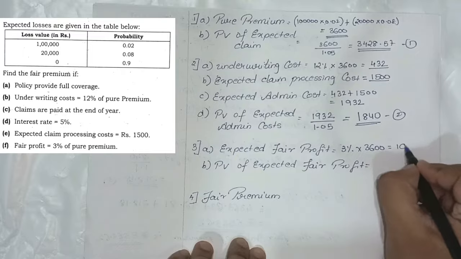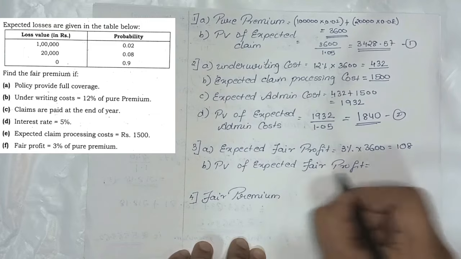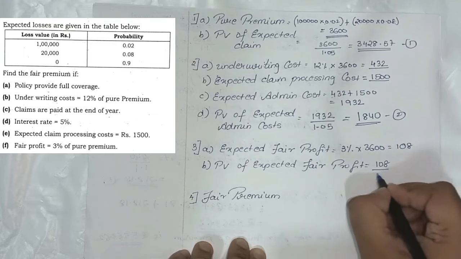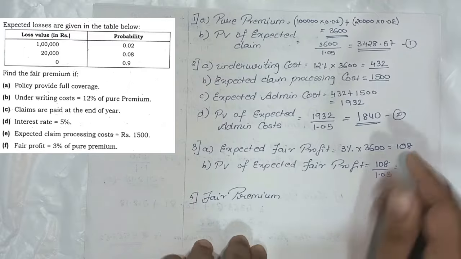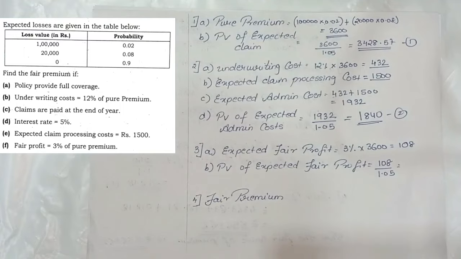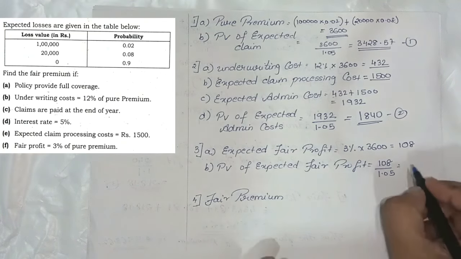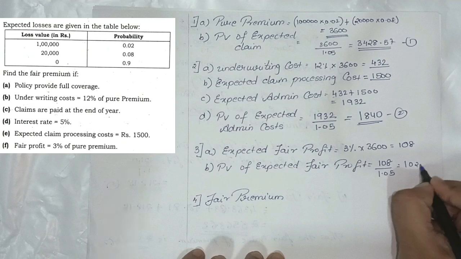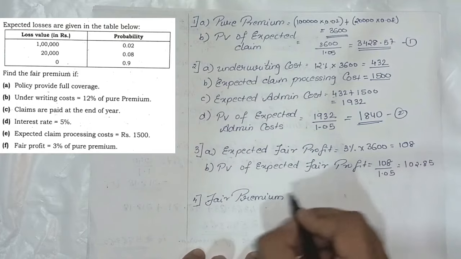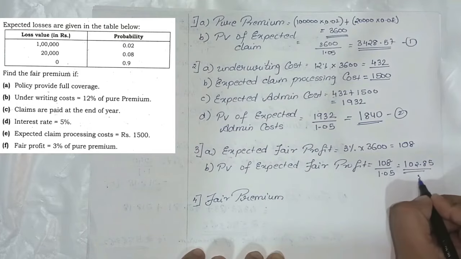So we note it down as 108, and then the PV of 108. So 108 divided by 1.05 gives you 102.85. So we'll take that, 102.85. That's it. We have got all the three values. This is our third value.